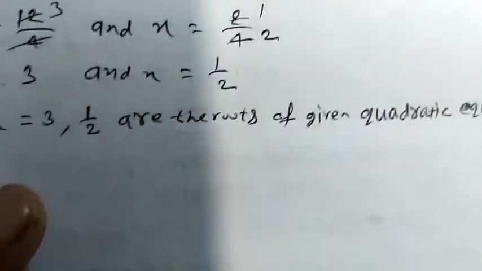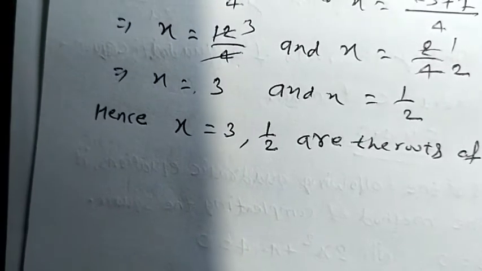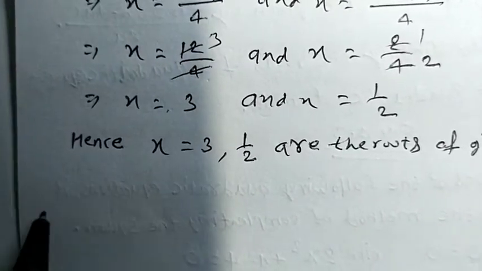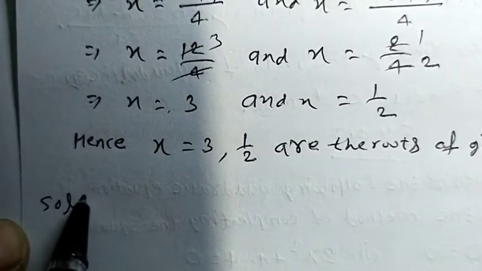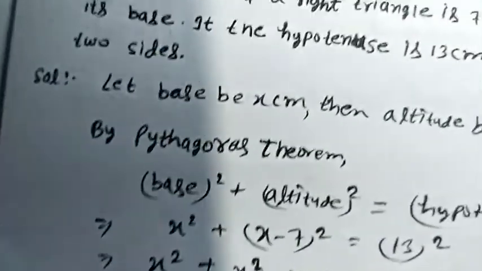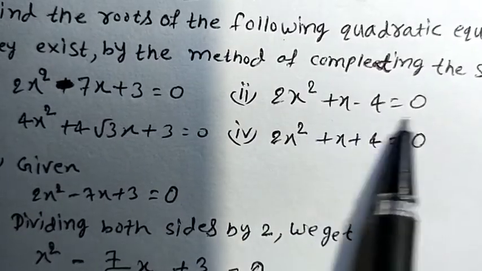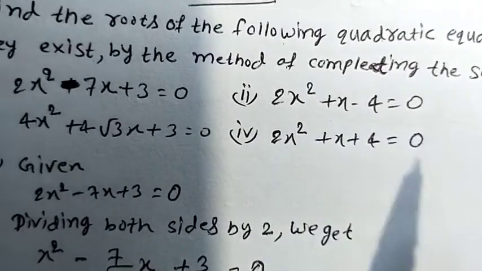Answer. Now question number 2. The question number 2 is 2x square plus x minus 4 is equal to 0.